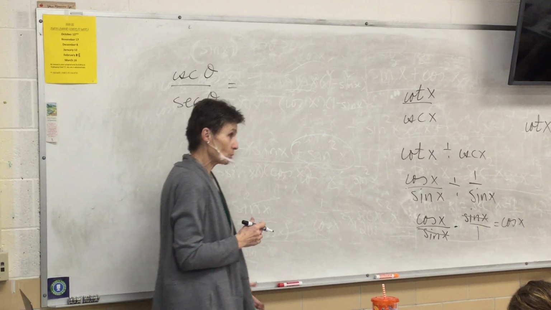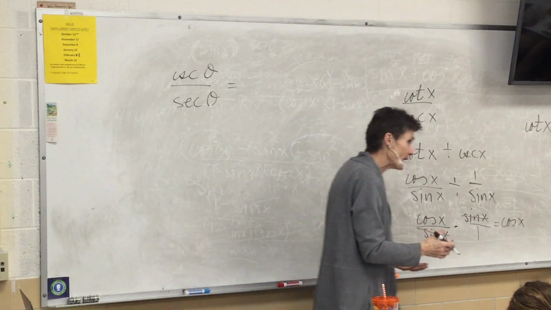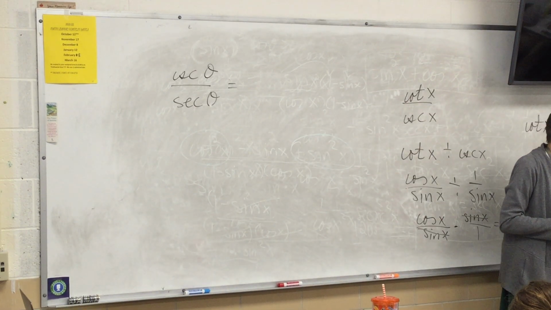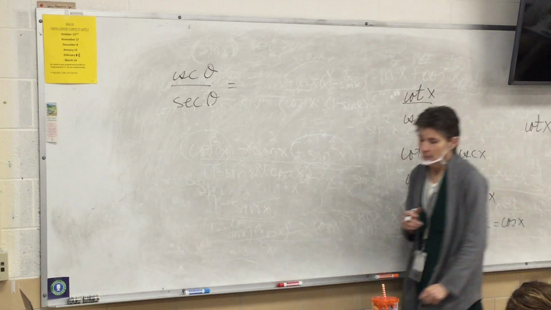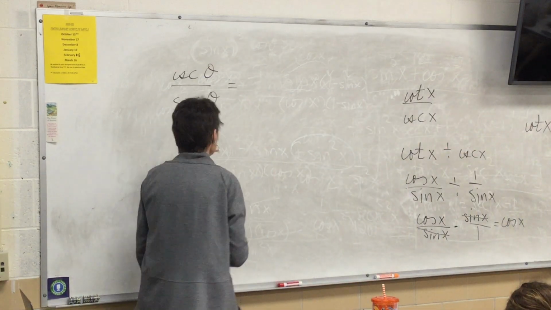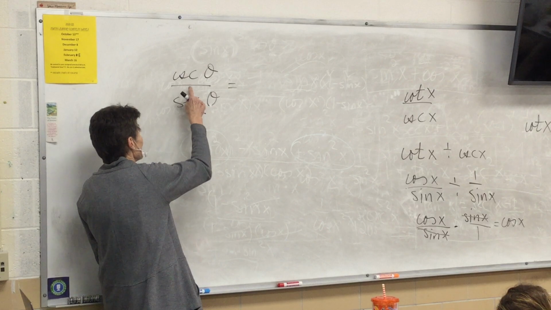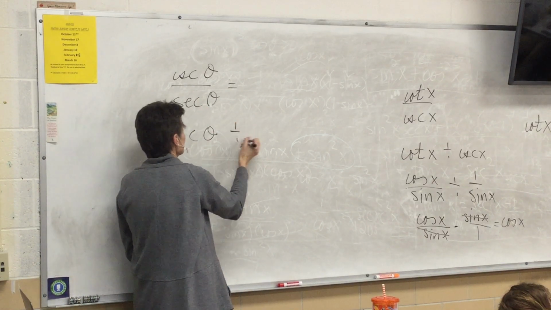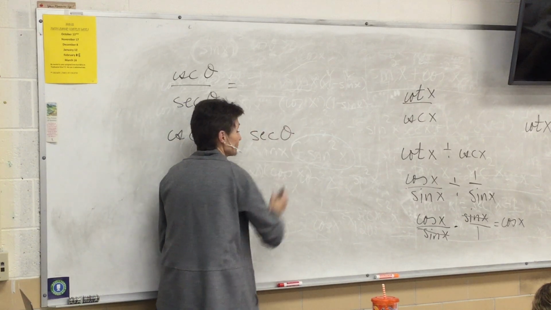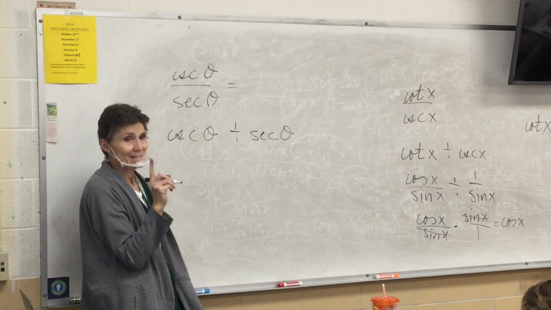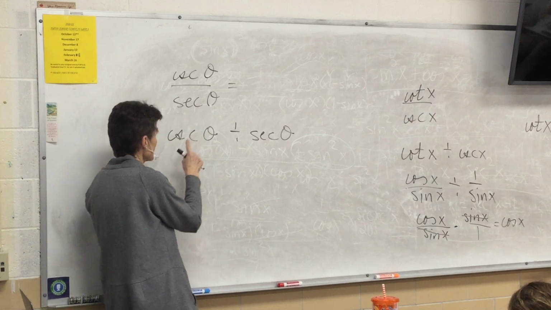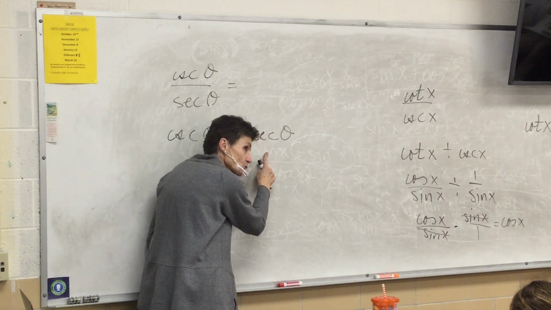Remember when you're solving equations, it doesn't matter if you use an N or an X or an A, same thing here. Use whatever it is. Taking a clue from the last problem, is this a division? Is this cosecant divided by secant? Yeah. So let's write it that way. And then let's change these guys into fractions.